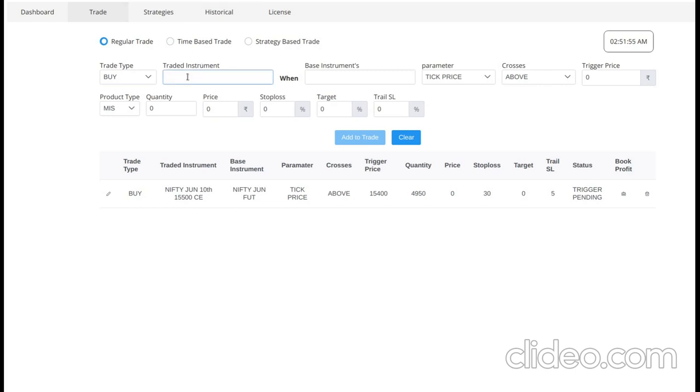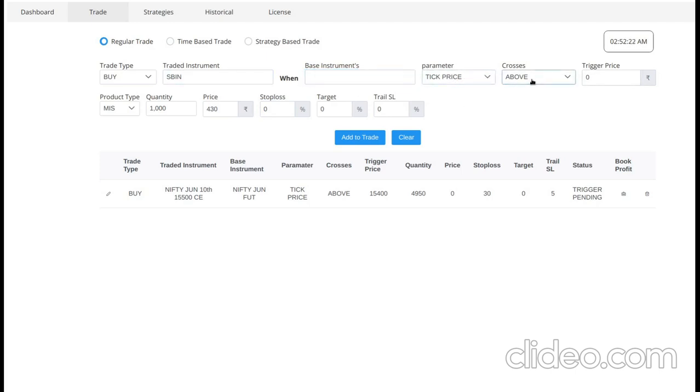Sorry, I forgot to say that if you want to just buy SBIN and you don't want to make it anything, like you just want to buy it immediately or at some certain price, then you can just do it like that and configure these parameters. You don't need to give SBIN base instrument even, because the software will automatically take SBIN as the base instrument.